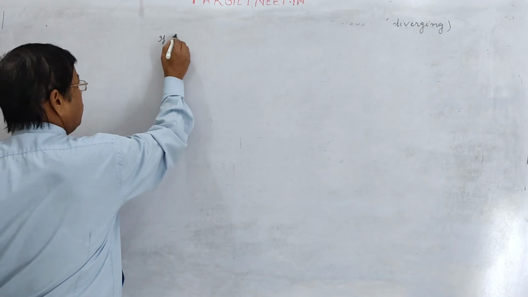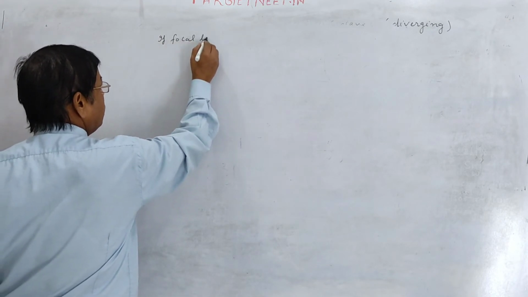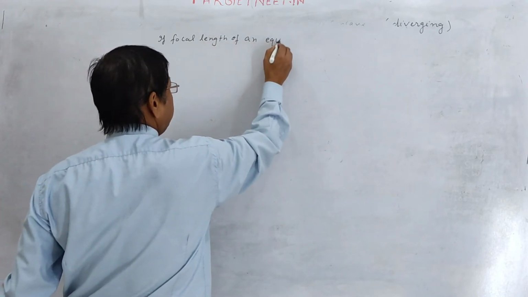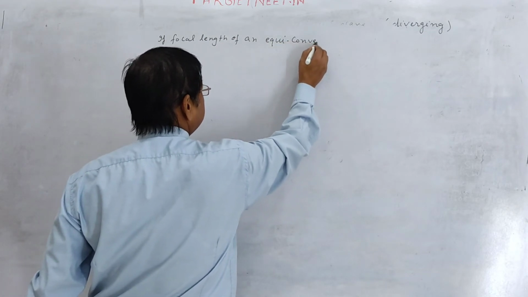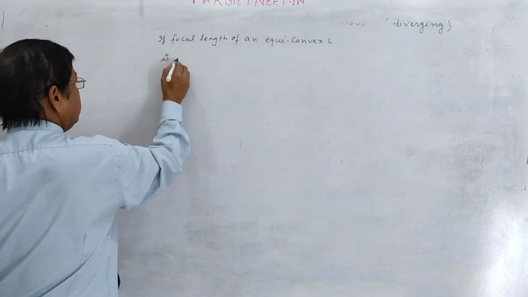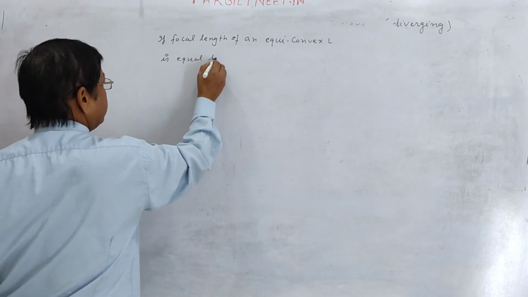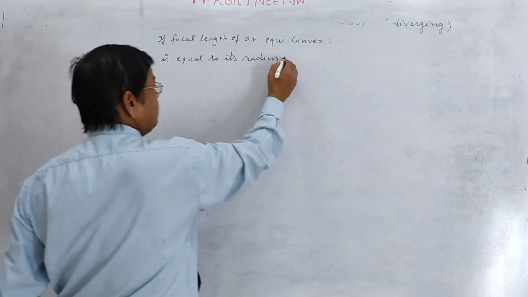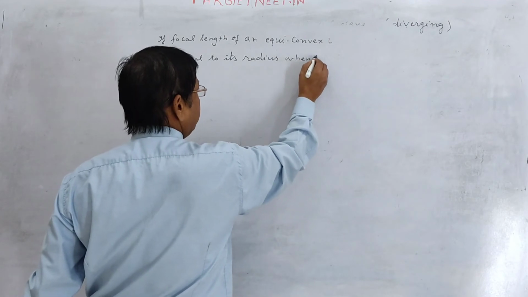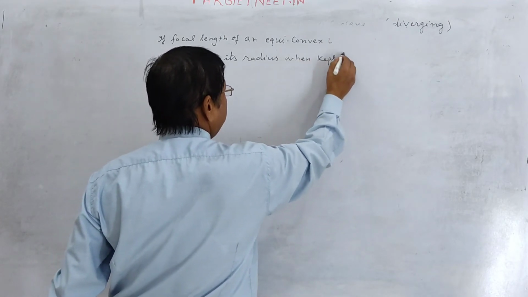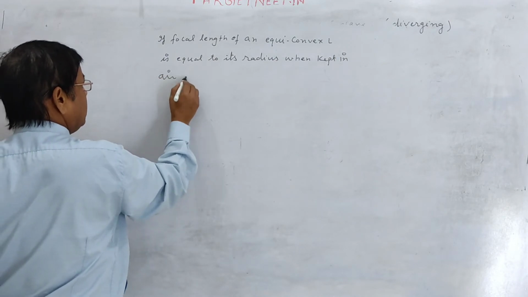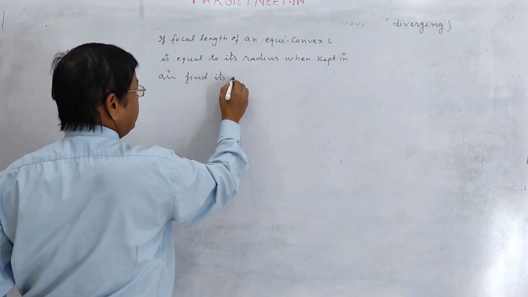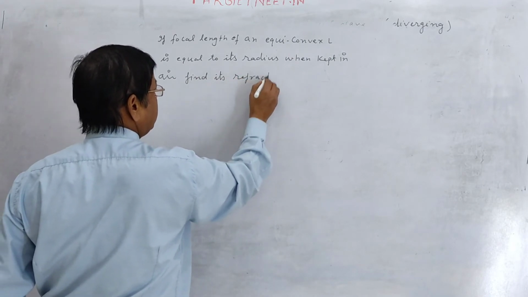If the focal length of an equiconvex lens is equal to its radius when kept in air, find its refractive index.